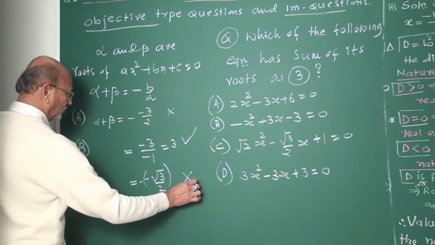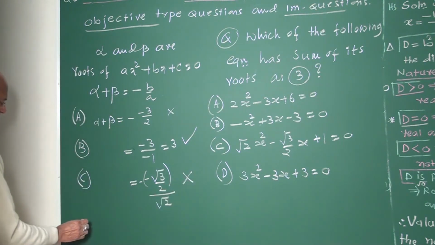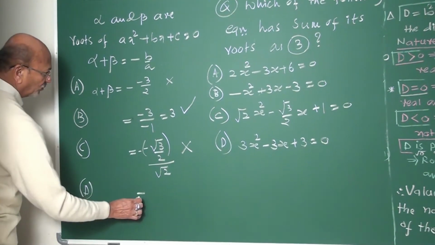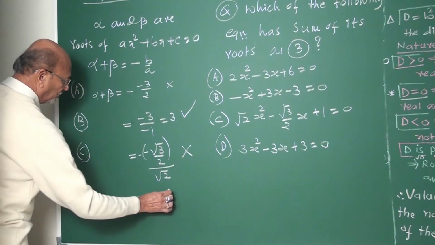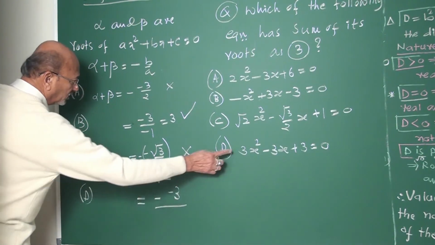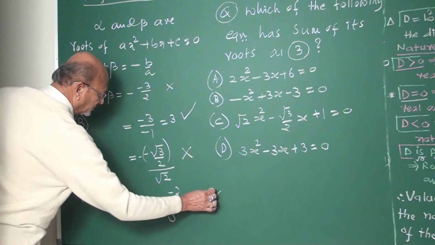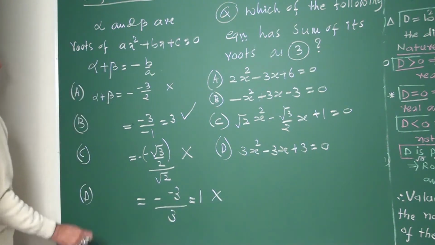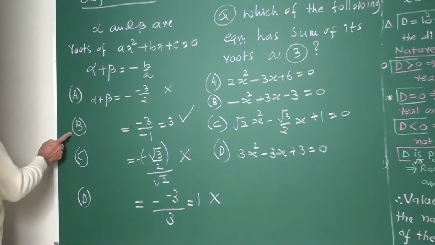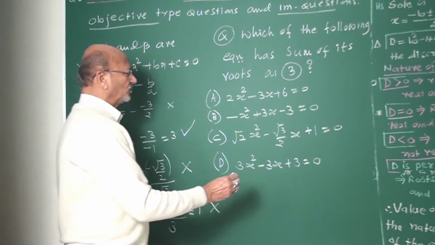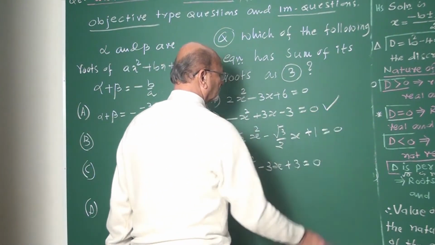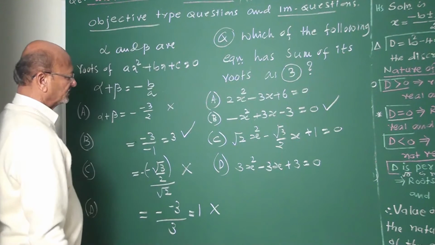No, it is also not. Then the last one, which is D. The sum equals minus of minus 3 upon a, which is 1. It is also not the root. Then which is the answer? B is the answer, my friends. Option B is the answer.